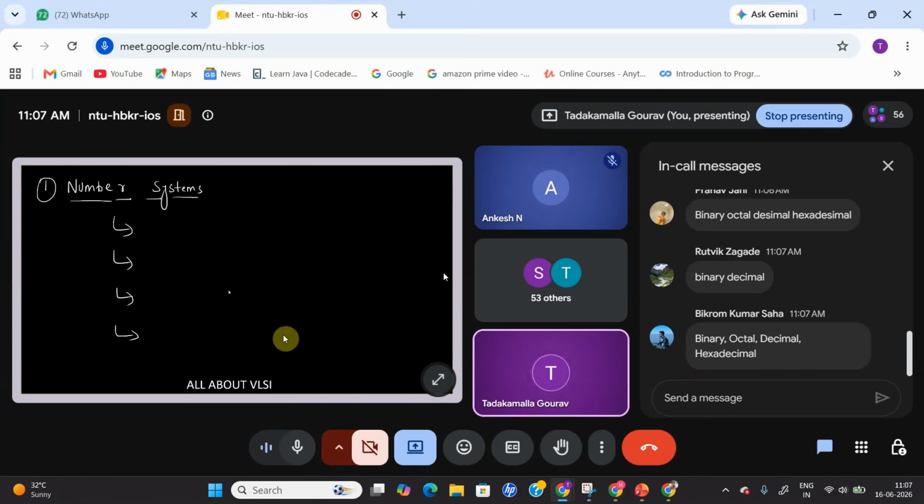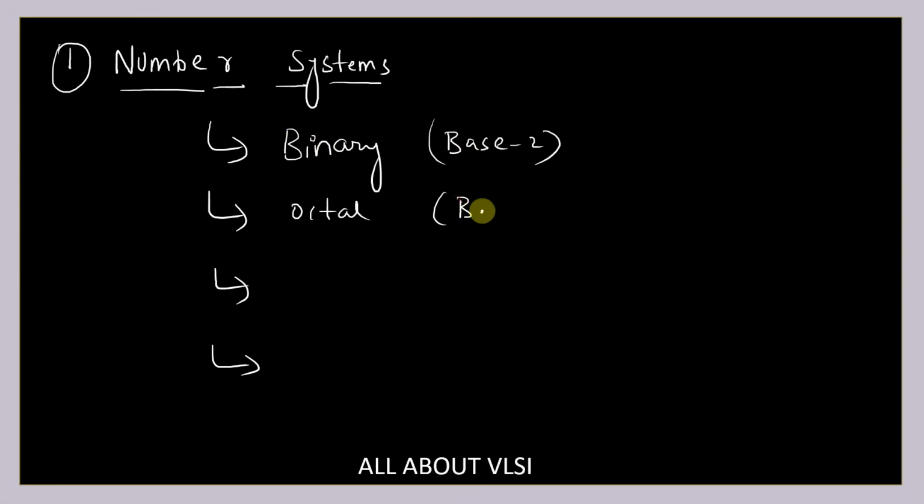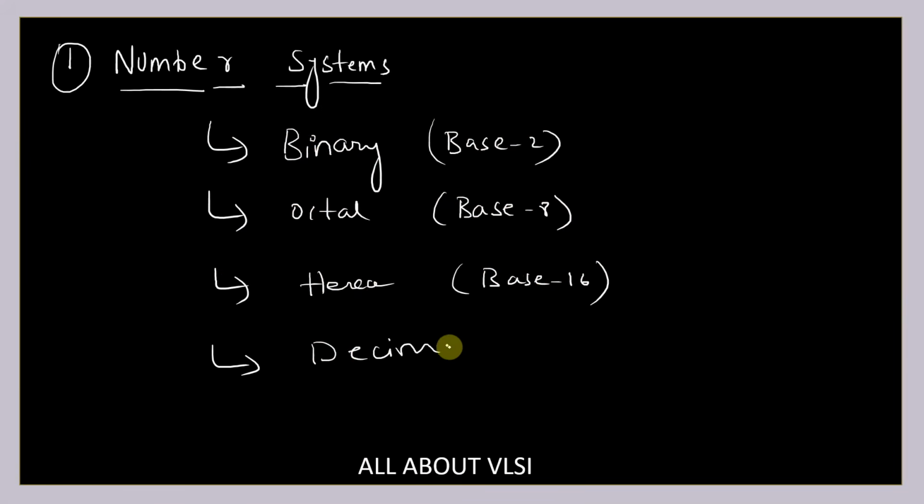We have the binary number system, which is base 2, the octal number system, which is base 8, the hexadecimal number system, which is base 16, and the decimal number system, which is base 10.